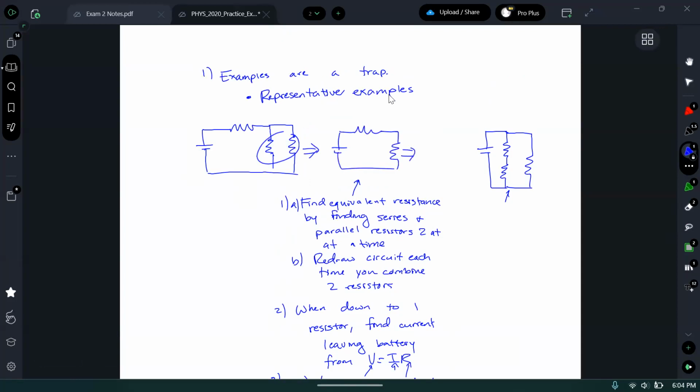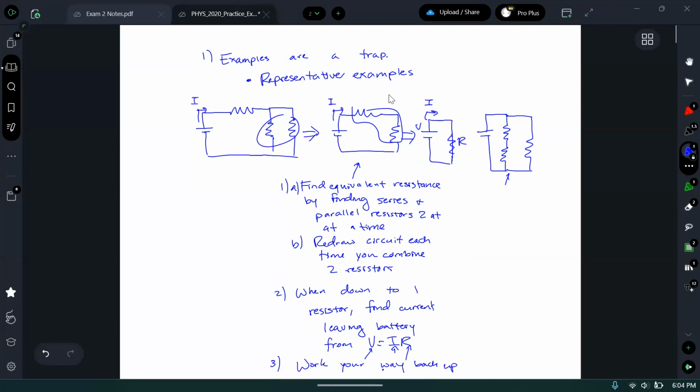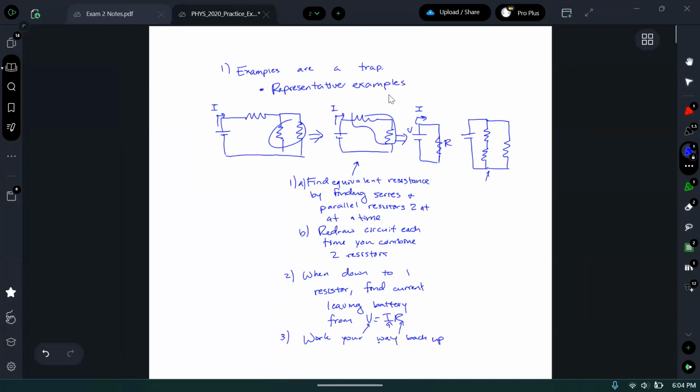And then with those two being in series, you would simplify one last time to this single resistor circuit. If you know the voltage and the resistance in this very simple circuit, the current is just V over R. But you can take that information and put it in both of your other more complicated versions of the circuit, this one and this one, because that's the current leaving the battery. It's got to be the same in all three cases.